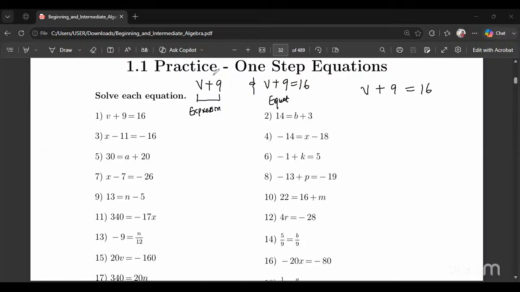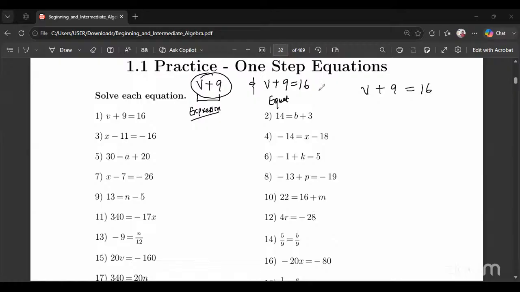All these things you see are called mathematical statements. They are not biological statements, they are not economical statements, they are all math statements. So when you have them without the equality sign, you call it an expression, and when you have it with the equality sign, it is called an equation, if that makes sense.